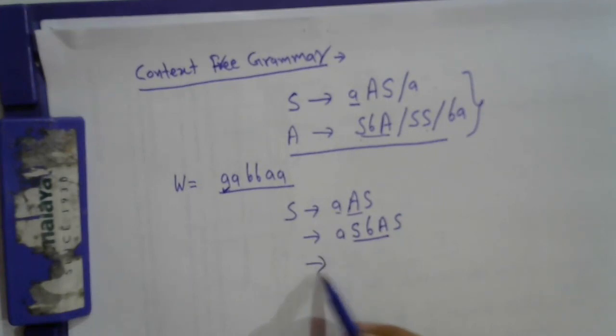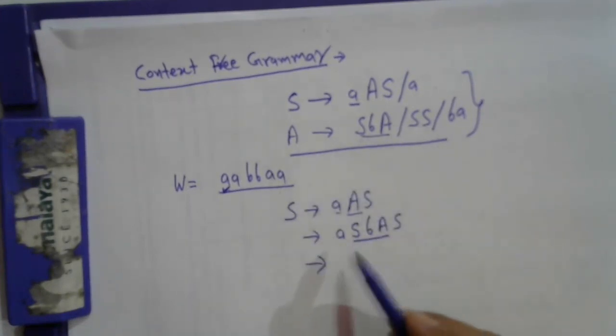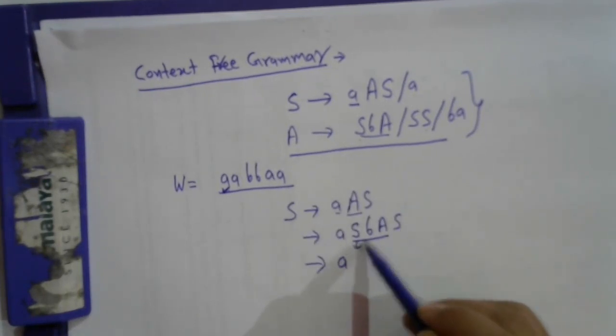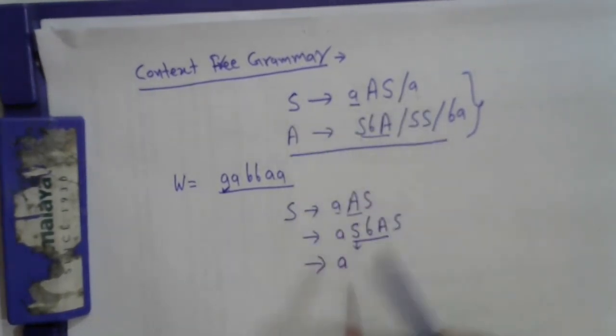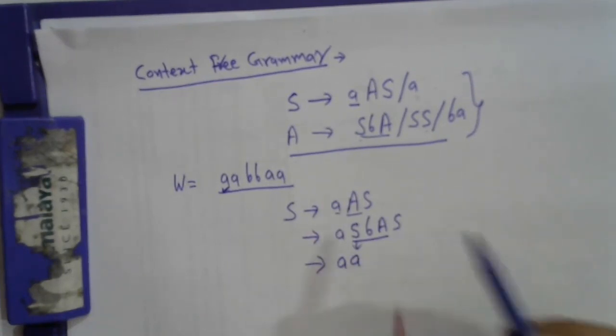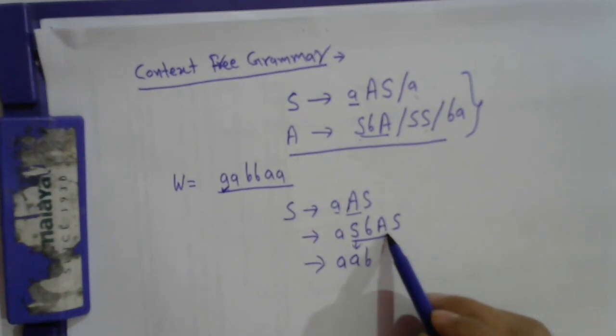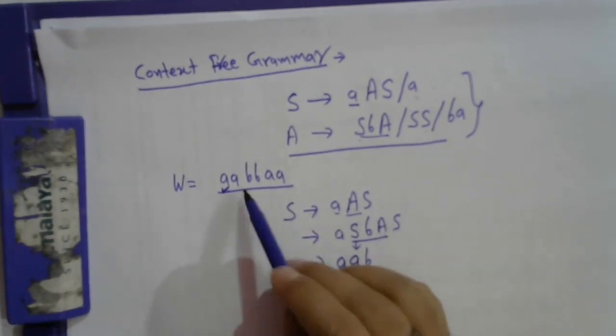Then we replace this value, and this S can be replaced with the help of this production, S goes to a. Then we get a here, and again a b is encountered, and again there is a production of A, but here we require the third b.